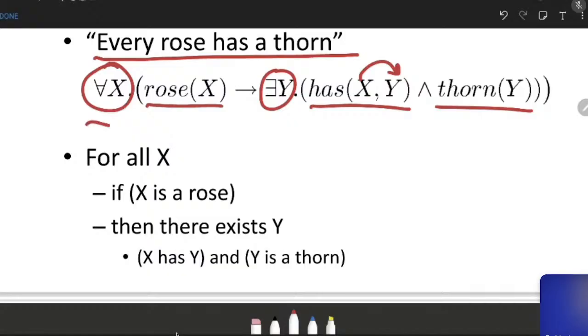So for all roses, there exists a thorn such that the rose X has the thorn Y. That is how this FOPL has been written. So for all X, if X is a rose, then there exists Y such that X has Y and Y is a thorn. It looks like a very elaborate way of saying something very simple, but that's how it is.